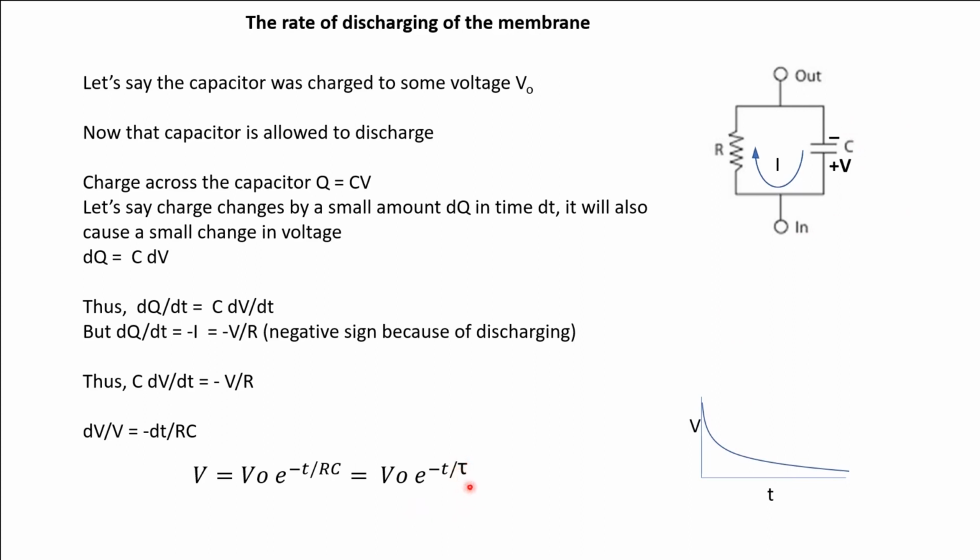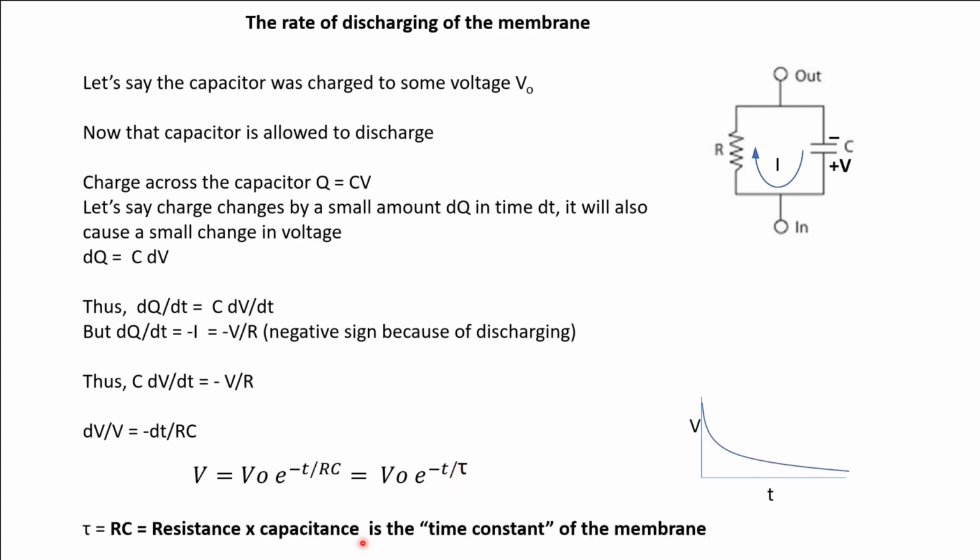Now this factor tau is very interesting. It is the factor that determines how fast or slow the capacitor would charge, and this tau is equal to RC, and it is known as the time constant of the membrane. One very interesting feature of this time constant is that it does not depend on the area of the membrane.